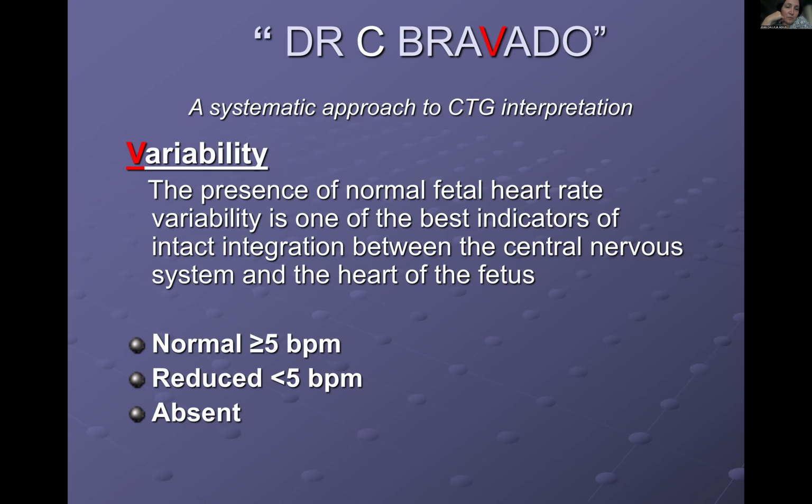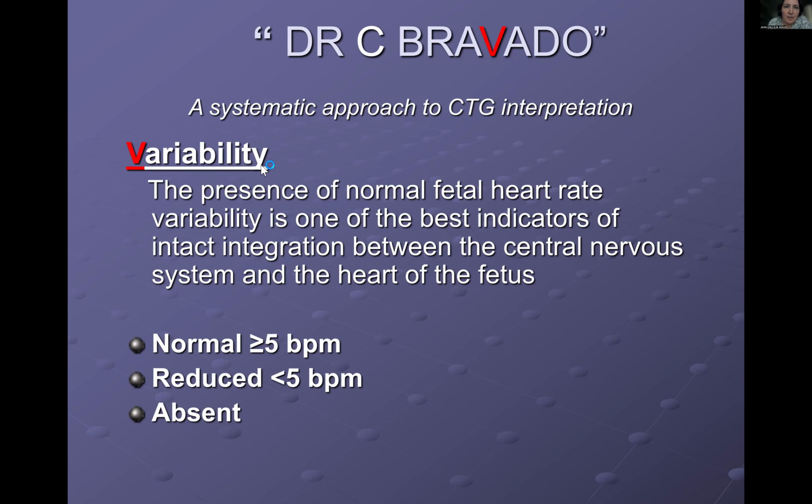If it is reduced, and more so if it's absent, that's ominous. That's probably one of the most ominous markers, because that means that the central nervous system is basically not receiving, I mean, the baby basically is not receiving enough oxygen, especially as this reduced or absent variability is prolonged.